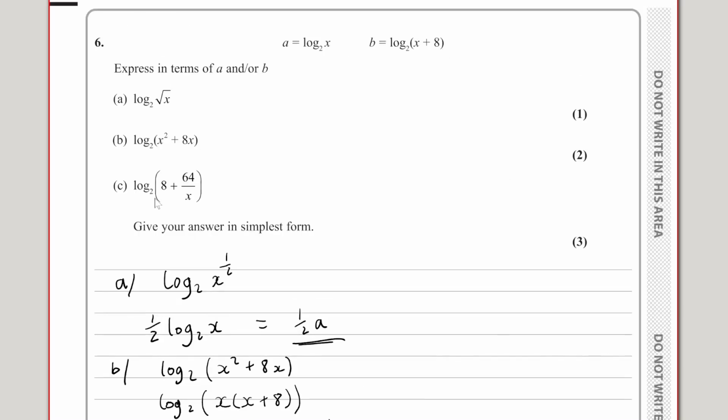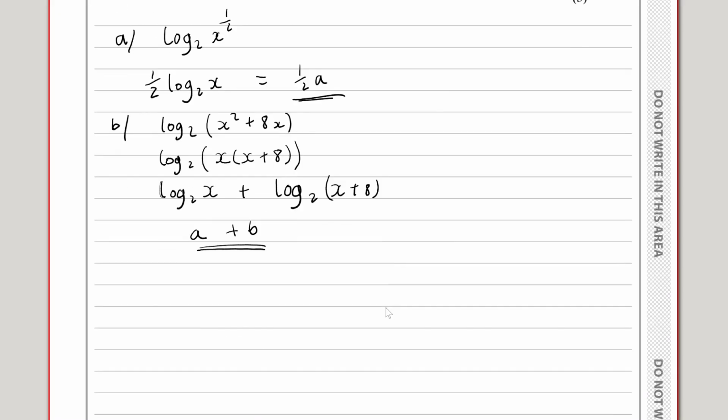And finally, we've got log base 2 of 8 plus 64 over x. So let's try and add these together. To add them together, we want the denominators to be the same.